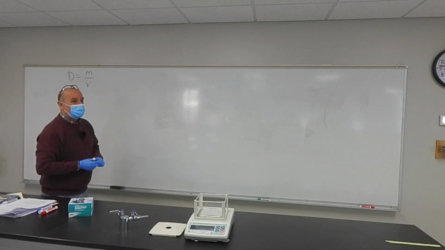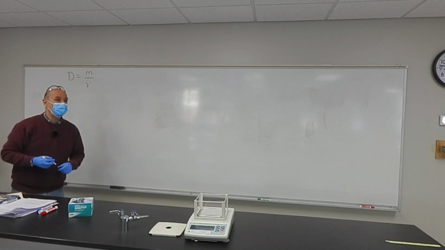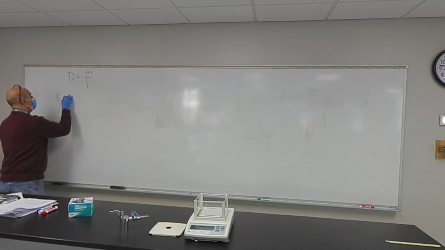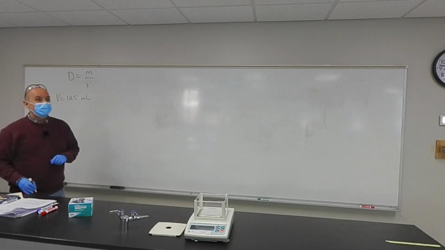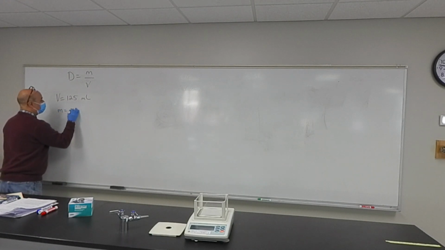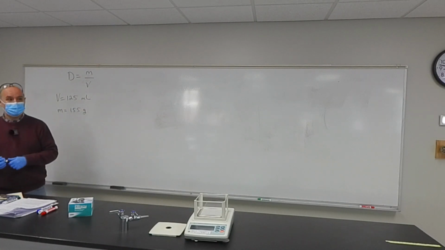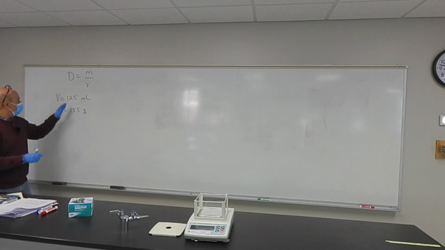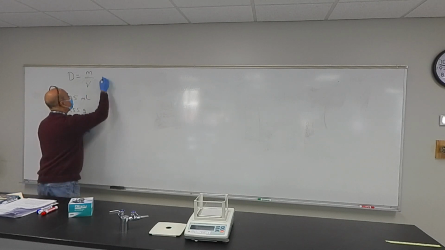That first example has a car battery fluid with a volume of 125 milliliters and a mass of 155 grams. So that's the sample. So all we had to do is input these two numbers into this formula.